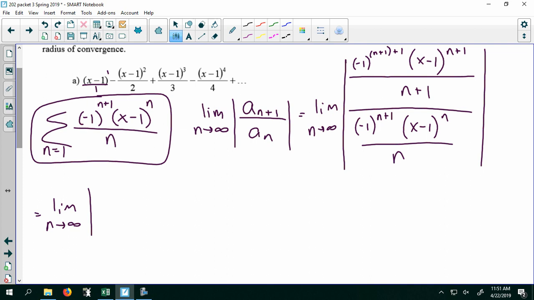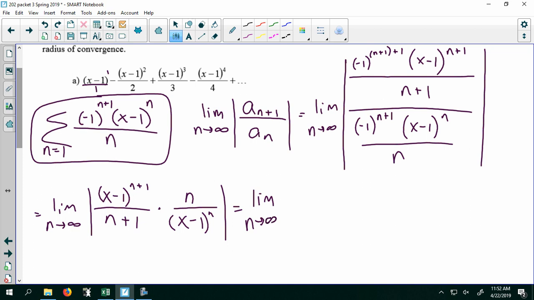And I'm going to have x minus 1 to the n plus 1 over n plus 1 times n over x minus 1 to the n. And simplify. So my x minus 1 to the n plus 1 over x minus 1 to the n, those are like bases that I'm dividing. So I'm going to subtract the exponents.